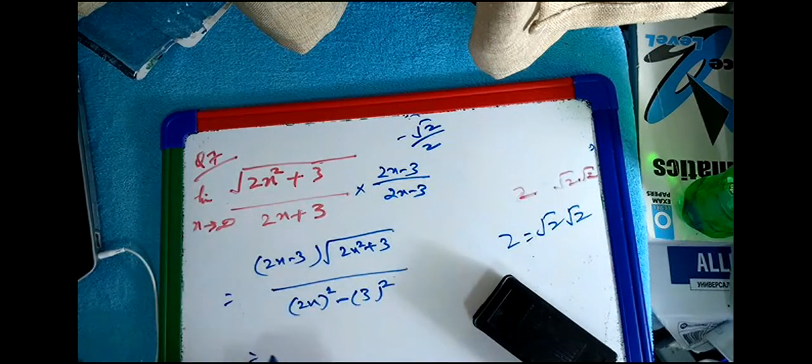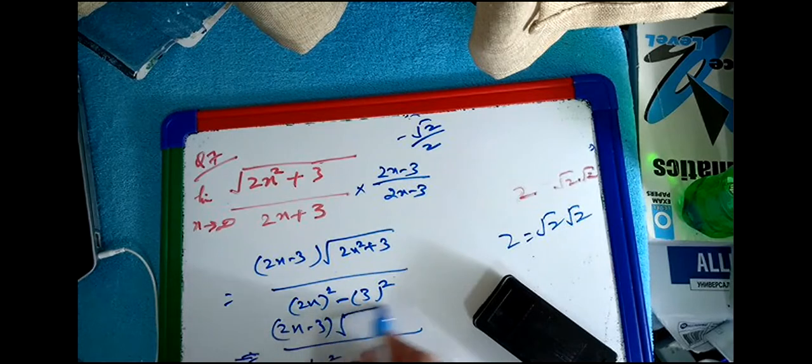So the denominator will become 4x square minus 9, and here is 2x minus 3 and 2x square plus 3.